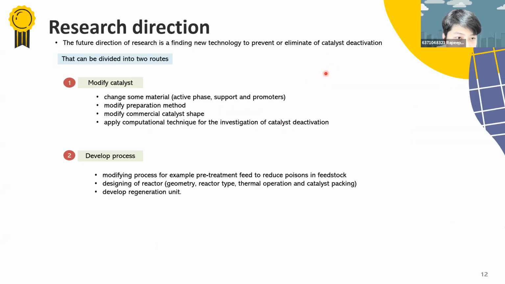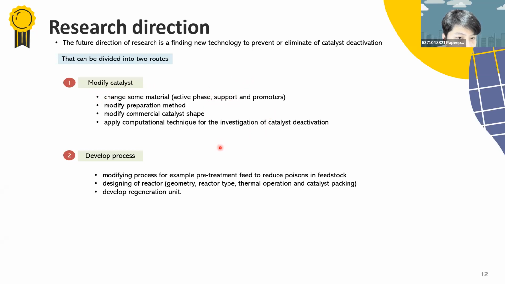For the research direction, I think a direction in the future is finding new technology to prevent or eliminate catalytic deactivation. I divided it into two ways. The first way is to modify the catalyst, for example, change some material, active phase, support, and promoter, modify the preparation method, modify the commercial catalyst shape, and apply computational techniques for the investigation of catalytic deactivation.